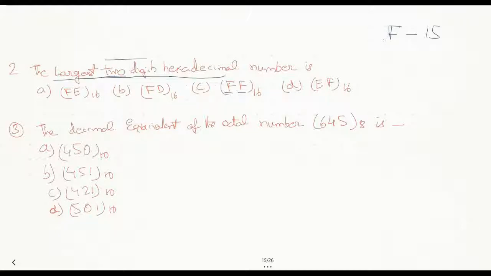Similarly, if I'm given a 2-digit number in the decimal number system, the largest number that I can have is 99. Why? Because decimal digits range from 0 to 9, so the maximum value is 9 and the minimum value is 0. Similarly, in hexadecimal, the maximum value that we can have is 15.